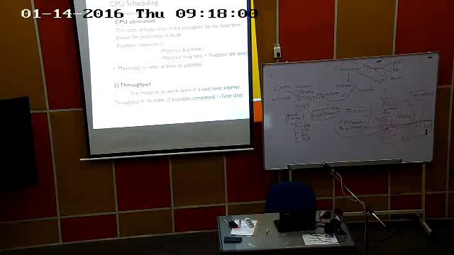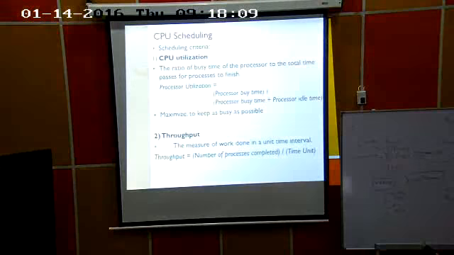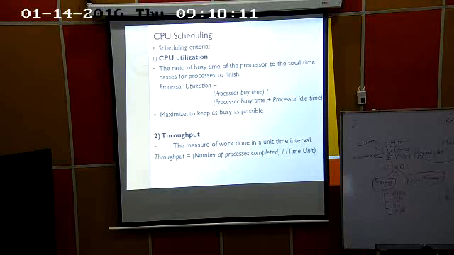CPU scheduling criteria: CPU utilization, the ratio of busy time of the processor to the total time, busy time divided by busy plus idle time.